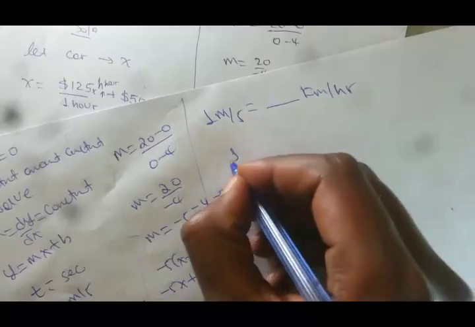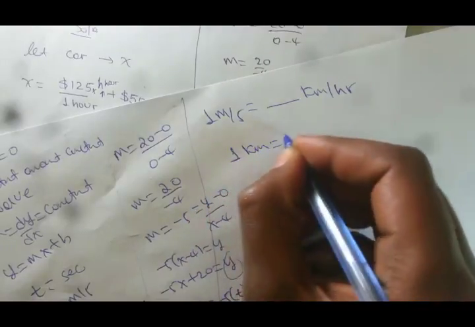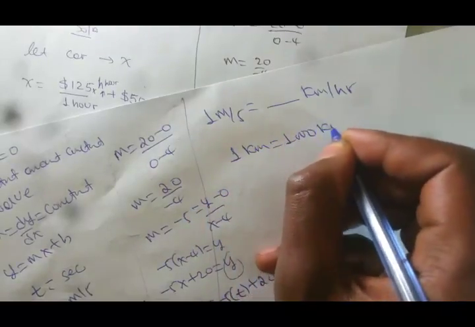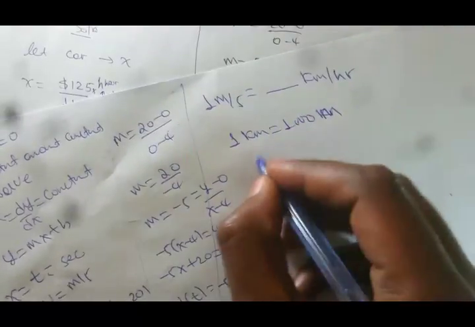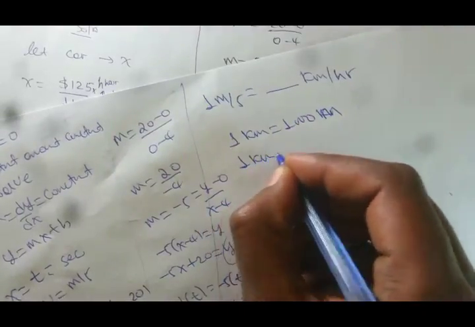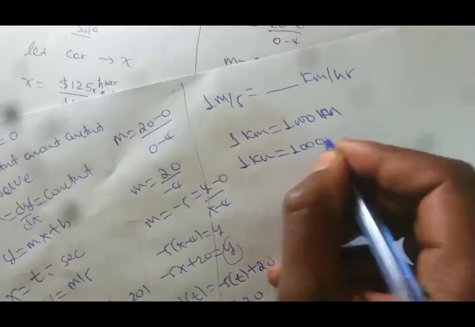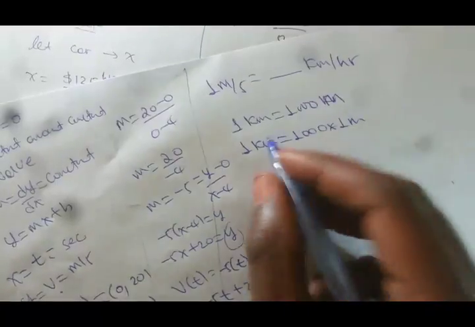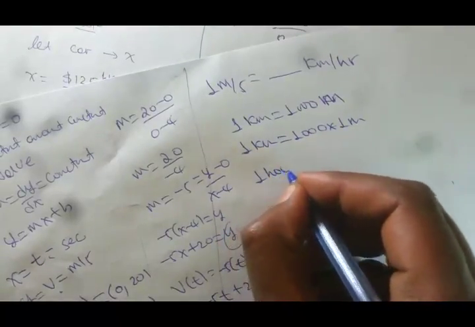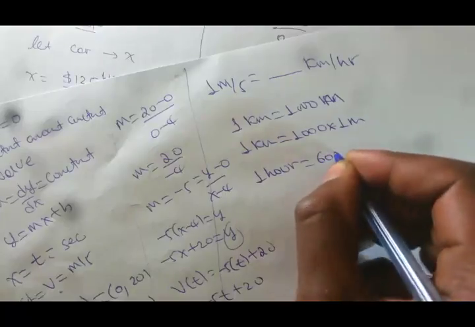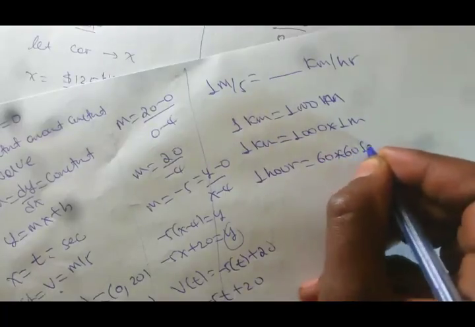We know that 1 kilometer is equal to 1000 meters. Therefore this can also be written as 1 meter is equal to 1 kilometer over 1000. And 1 hour is equal to 60 times 60 seconds.